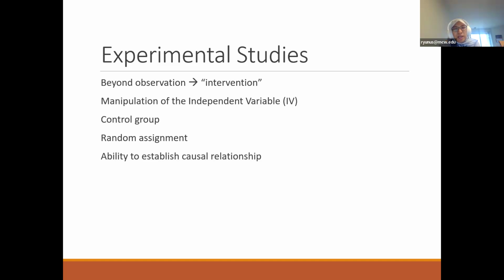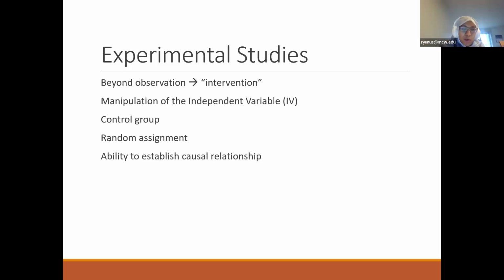So what basically happens is that you as a researcher, you intervene, or you do something actively where you manipulate the independent variable. But any experimental study, usually, not always, but usually has a control group. And it is ideal. It is always better to have a control group, and we will see later why.